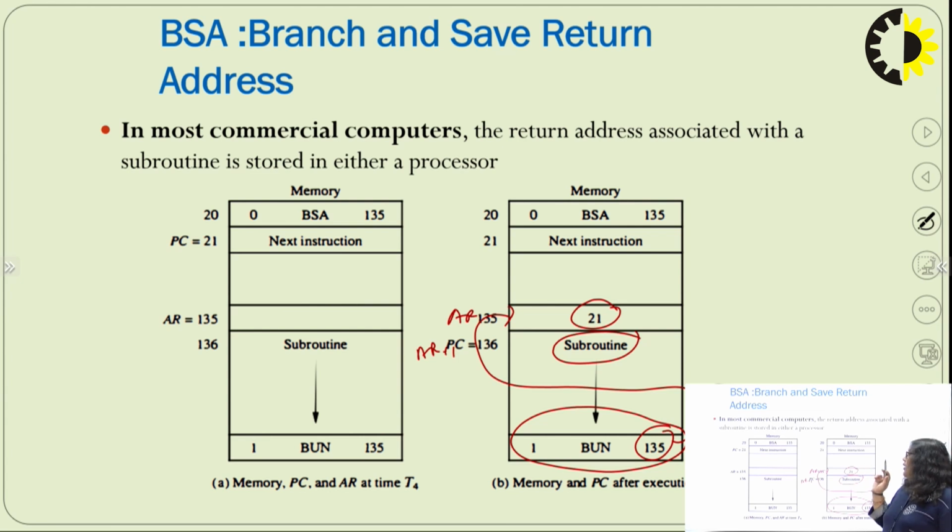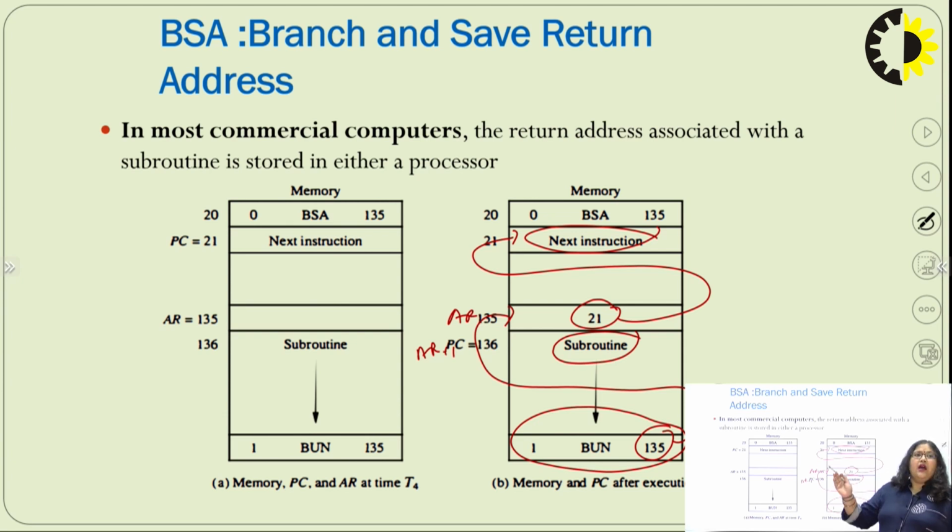When we receive that address, we transfer it and move on to address 21, and we execute the next instruction, or fetch and decode the next instruction in this memory. This is the basic instruction of branch and save return address.